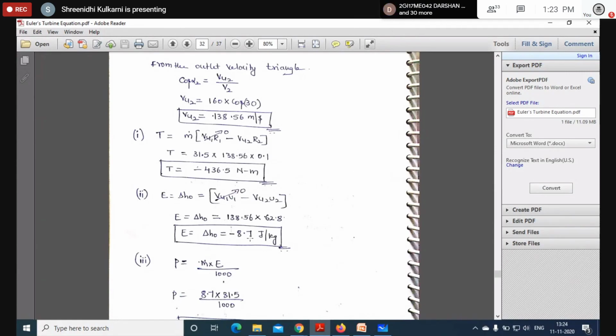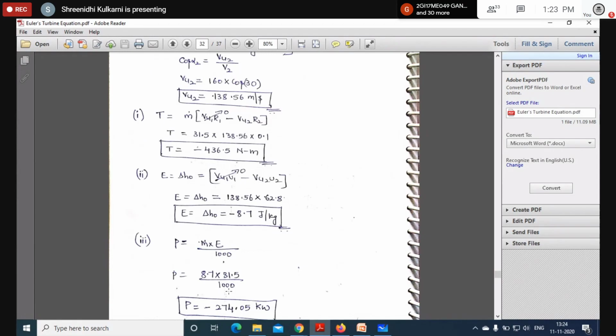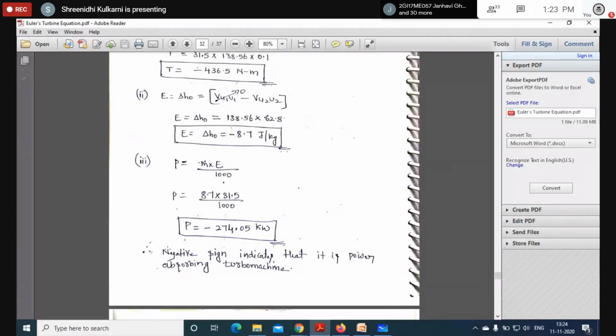Did you convert or write directly? I wrote 8.7, so I should not multiply this, right? Divide by 1000. Yes, correct, I will correct it in my notes. Then here we get 0.274. If we do not divide by 1000, it is in watts, so directly this answer is correct.